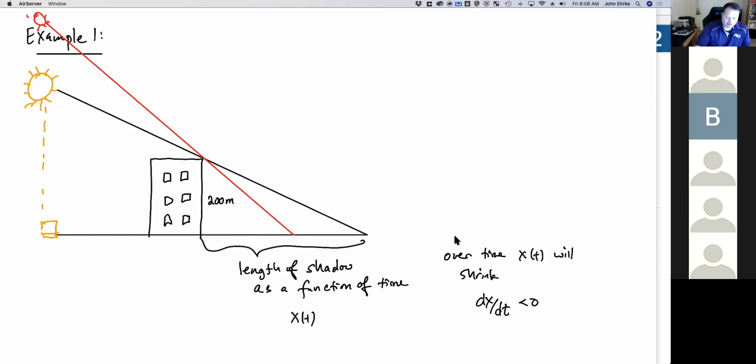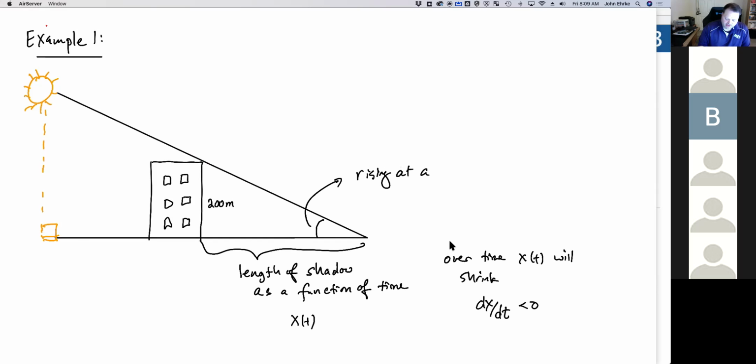Okay, so let me take out the red here. We don't need that. This is the picture we're looking at. And the other part of this puzzle is it says the sun is rising at a rate of 0.25 degrees per minute. So that is the angle of elevation rising.